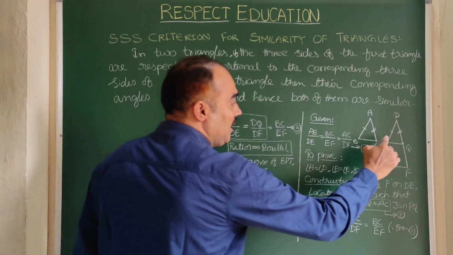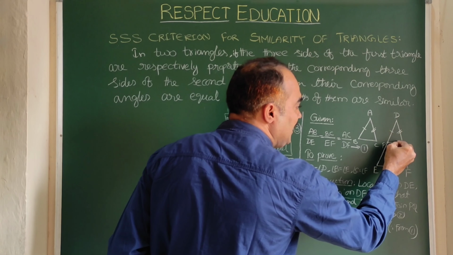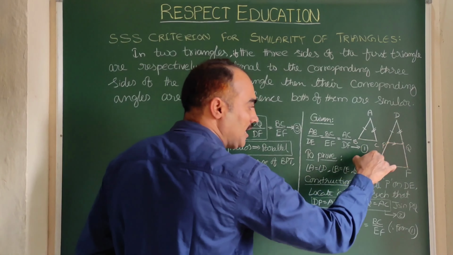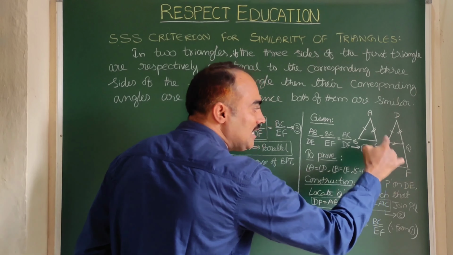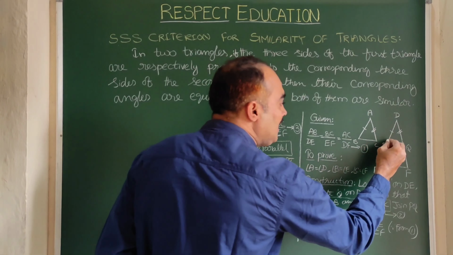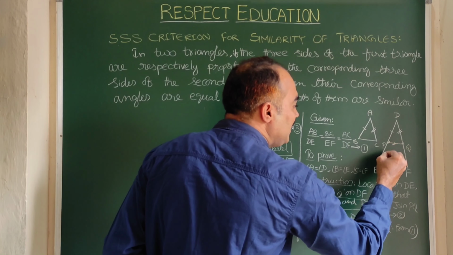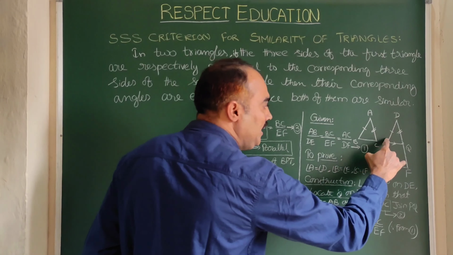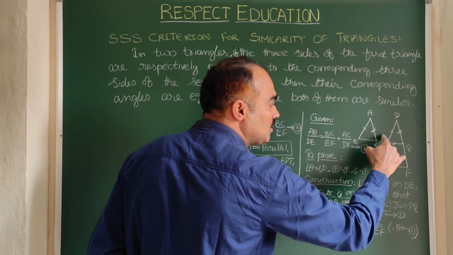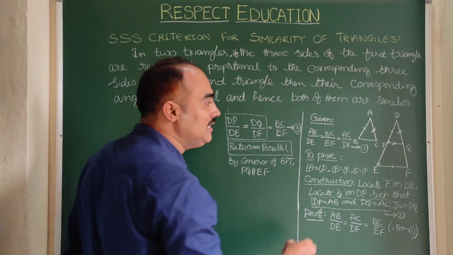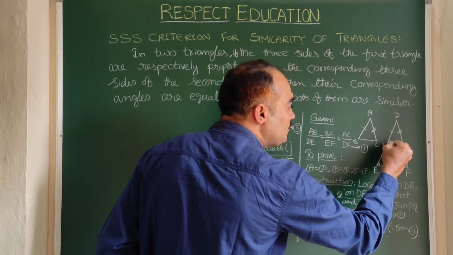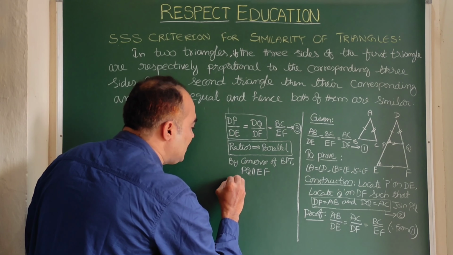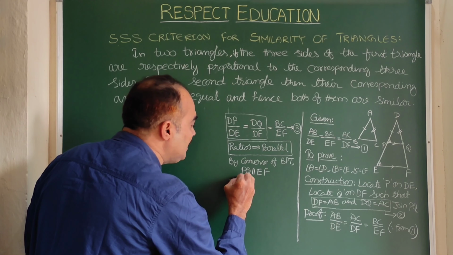Now when these two lines are parallel, here I indicate arrow marks, the arrow marks indicate that both the lines are parallel. Then we can take angle P is equal to angle D because both are corresponding angles. Here I maintain two curves for angle P, the same two curves for angle E. That implies the corresponding angles are equal.